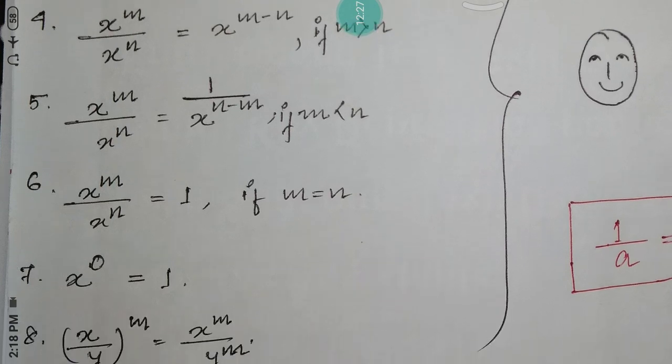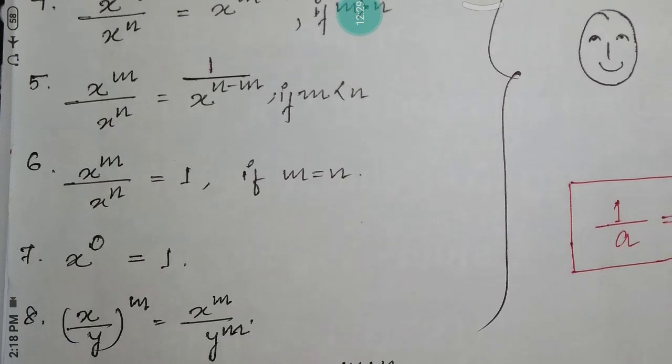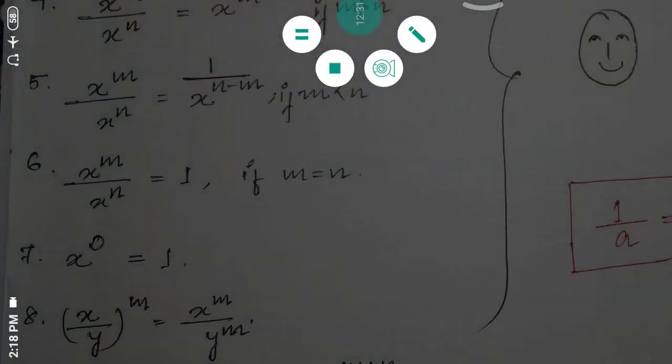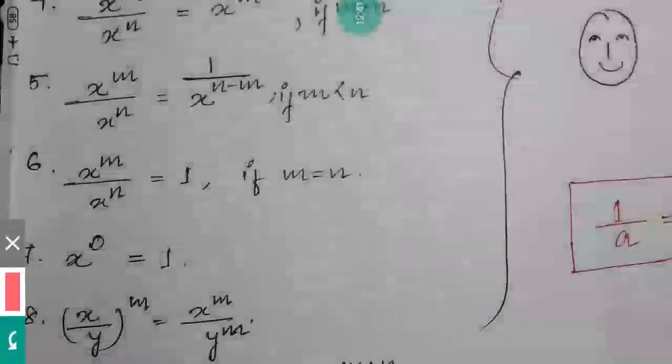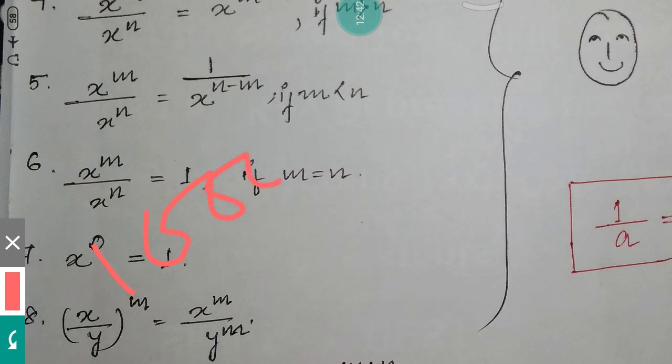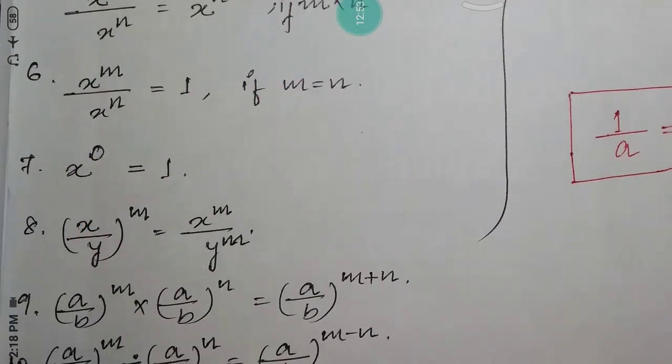Now the formula is x power 0, then it will be 1. That means if any number is given and its power is 0, then it will always be 1. Suppose in the denominator 1000, some big number is given but the power is 0, no need to do any calculation, your answer will be 1. Okay, now 8 number.